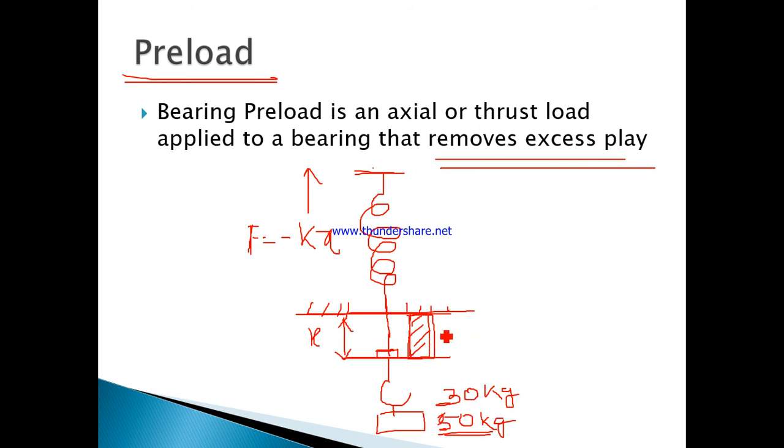Say this block is A, the A block still will be rigidly placed there. Now if I apply 70 kg, what will happen? This X will increase and this block will fall down.